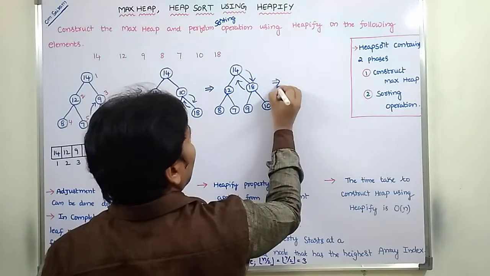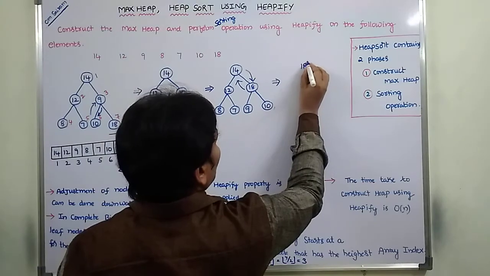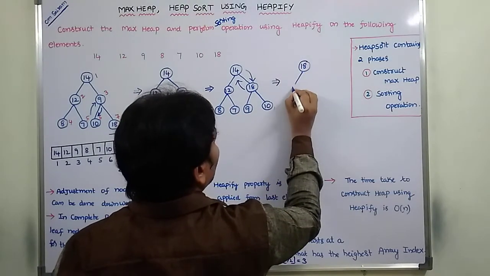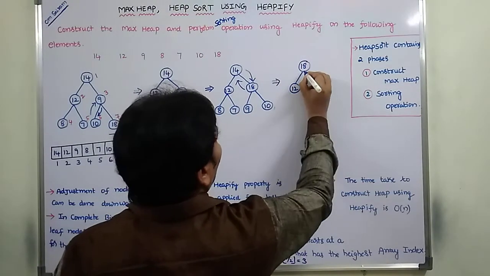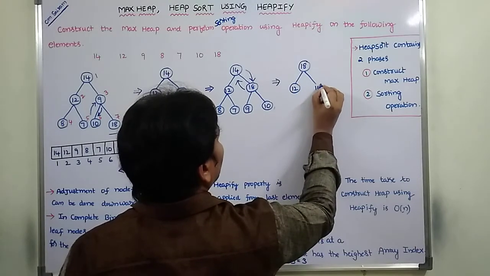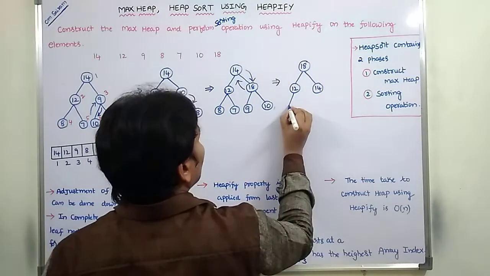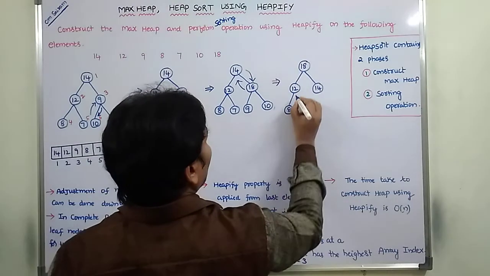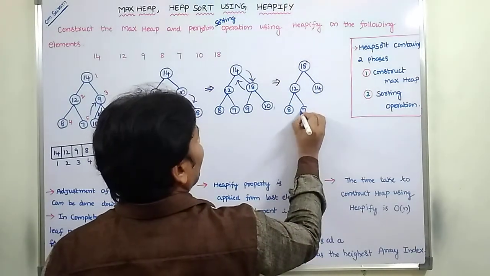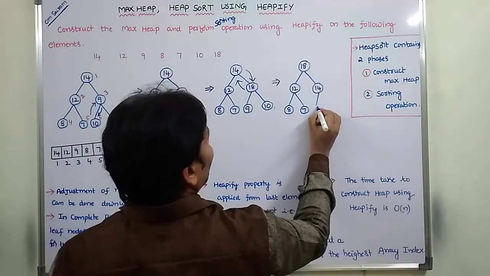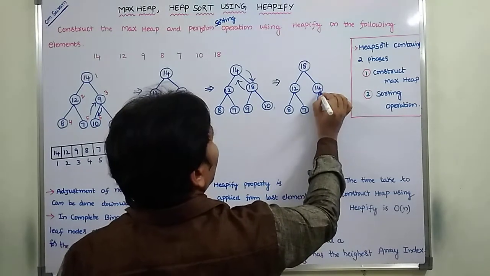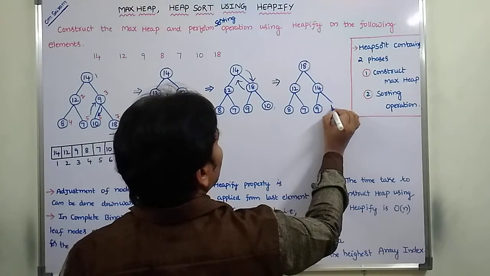So now we are getting 18 goes up, with 12 as the left child and 14 as the right child. Next, 12's left child is 8, 12's right child is 7, 14's left child is 9 and 14's right child is 10.